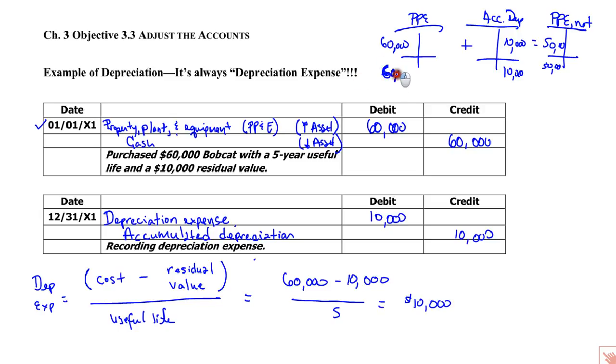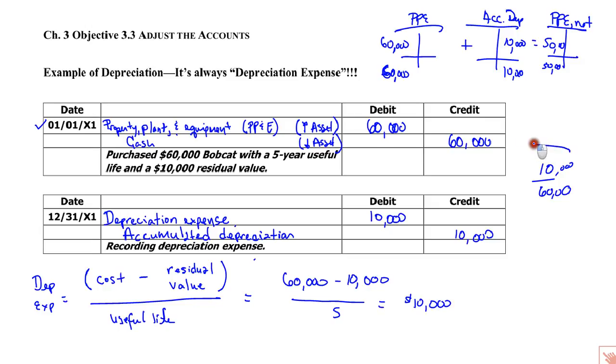Oops, this is 60. So what this is telling you is that 60 was the original cost, but now it's on our books net of accumulated depreciation for 50. It would tell you that we've used 10/60 of the useful life of this item.